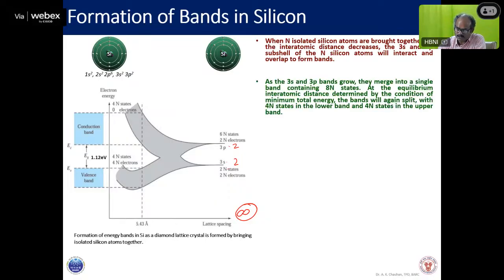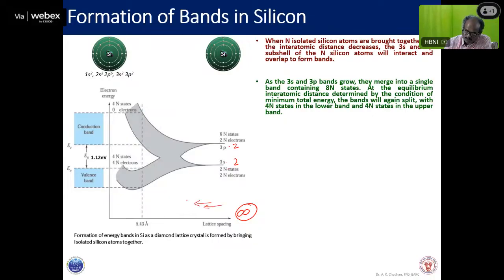As the 3s and 3p bands grow, they merge into a single band containing 8n states, as the equilibrium interatomic distance is approached. Now you are slowly bringing them together.